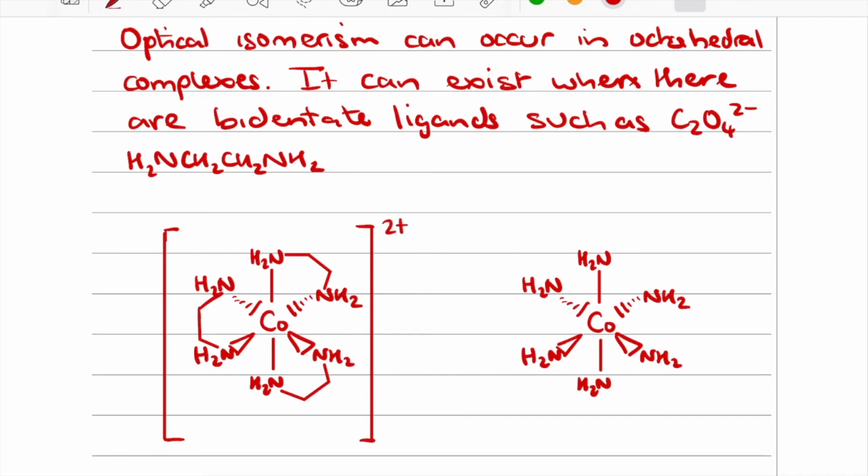Okay, right, now we're looking at the one on the right. We've got to do a mirror image. You don't have to do this, but it sometimes helps to put a dotted line, and you're thinking, I've got to have a mirror image. So on the furthest away from the dotted line, we've got that. So that means I'm going to have to put it here to make sure it's a sort of mirror image.